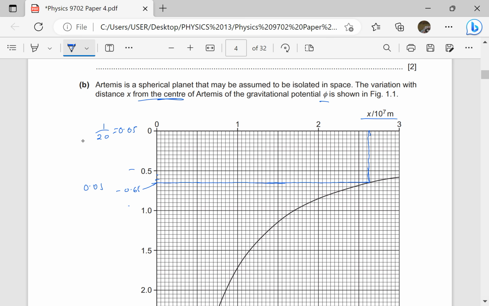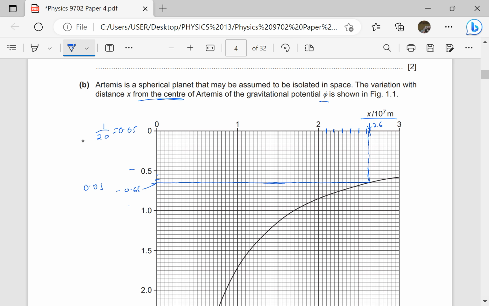So we have 2.1, 2.2, 2.3, 2.4, 2.5, 2.6, and then in the center, in the middle of a box.